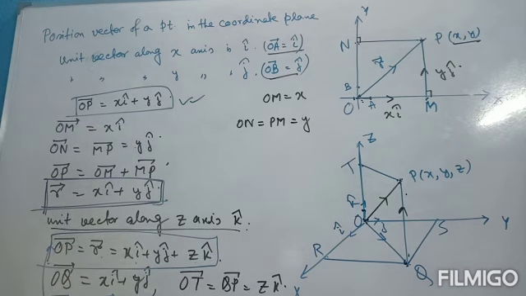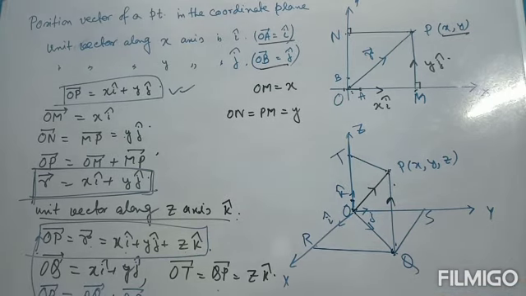From 2 dimensions we can conclude the same in 3 dimensions in a similar manner. So the position vector of any point whose coordinates are given as x, y, z is x i plus y j plus z k.